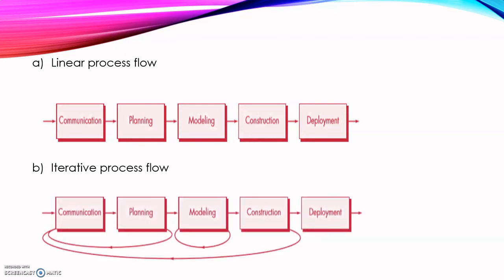Here you can see, starting from communication to deployment, it is arranged accordingly. But see, planning takes over so many times, modeling takes over so many times, construction takes over so many times. So some steps keep on iterating. That is known as iterative process flow.